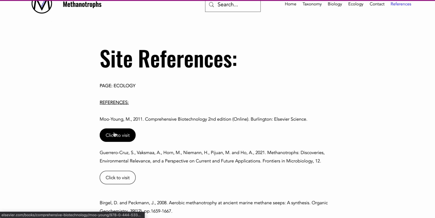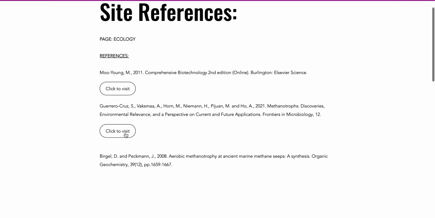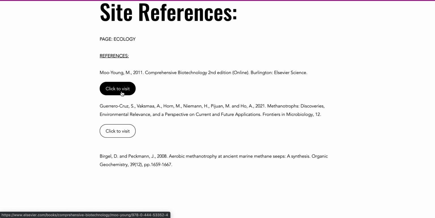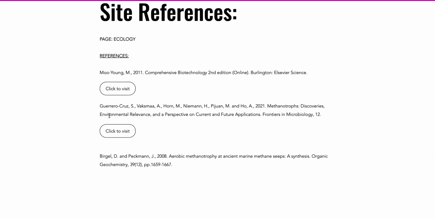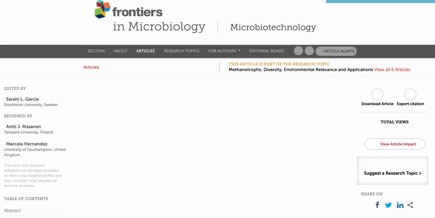And each one of these buttons is hyperlinked. So this is for ecology. When I click on each one of these, which I can, it will go to the online source which has been referenced. So starting with the ecology one, this one here has been found here. This one here has been found here.